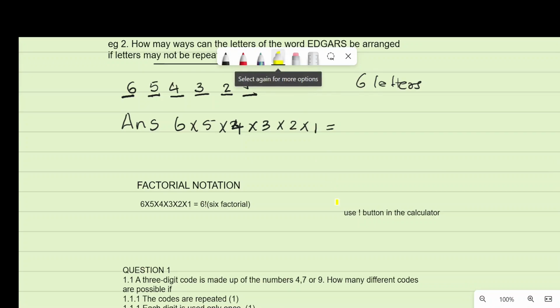Did you see the factorial button in the calculator? You must use the factorial button. So when you put 6 factorial, you are already getting the answer. The answer will be 720. So our answer here is going to be 720.